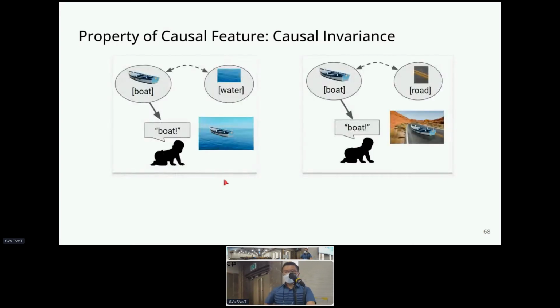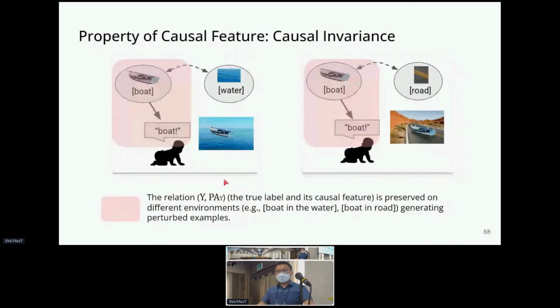To identify them, we first introduce the property of the causal feature, which is called causal invariance. Let's go back to our example. What we can see is that for the original image and the perturbed example, the relation between the boat and the label, like the baby boat, is preserved.